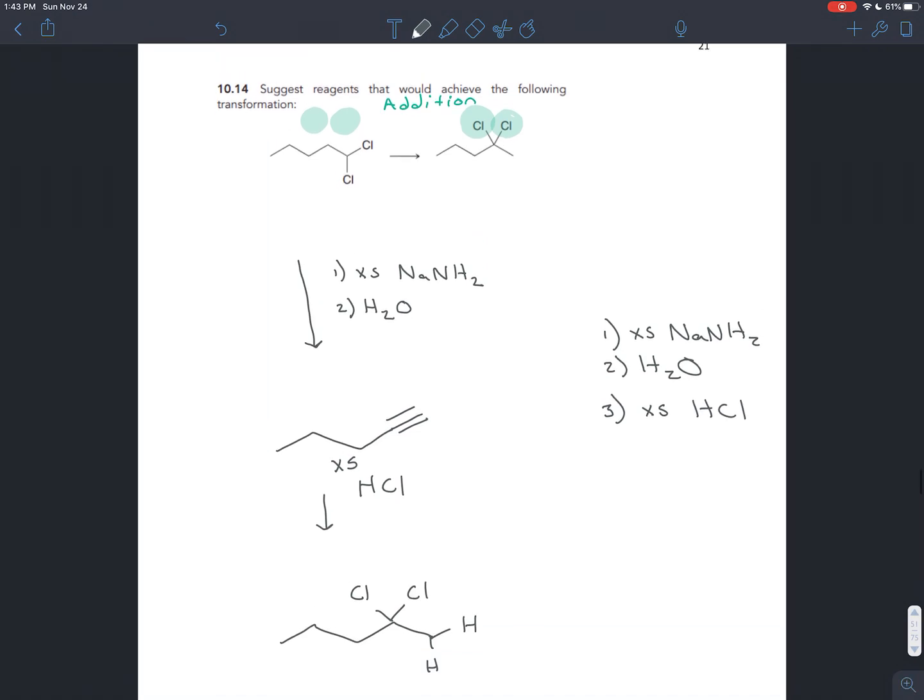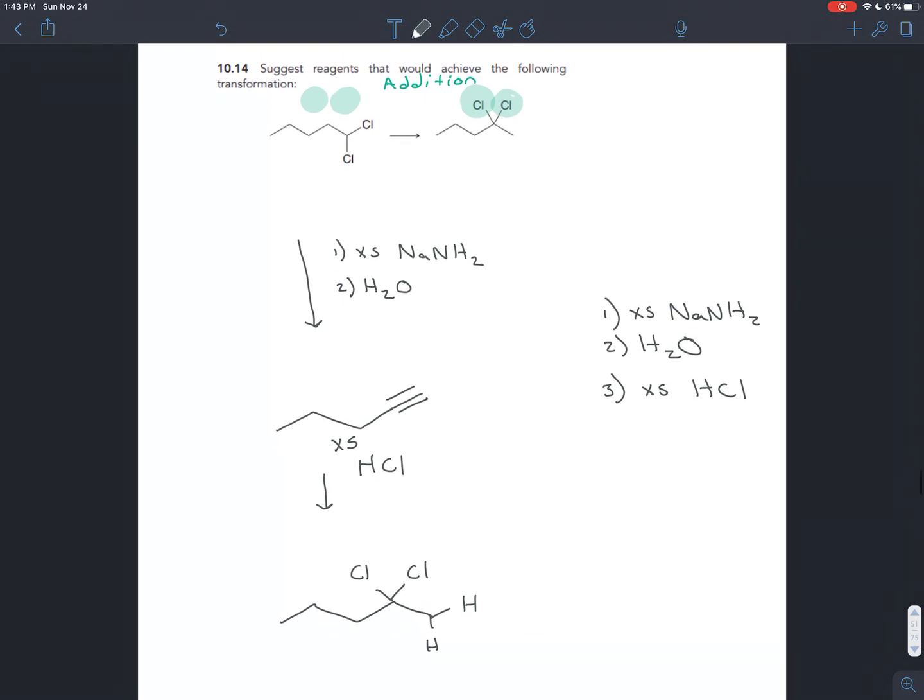And so we see something here that we have seen before. In previous videos in this chapter, we saw how elimination and hydrohalogenation, or halogenation, are sort of the opposite of each other. Elimination takes leaving groups off of a molecule and creates pi bonds.